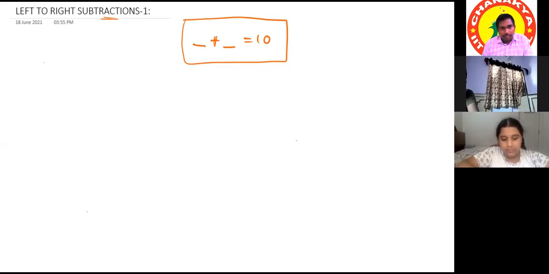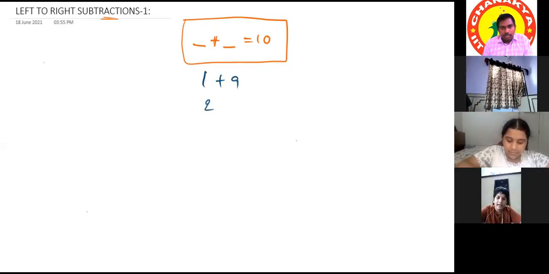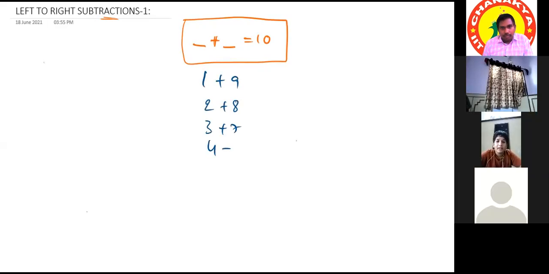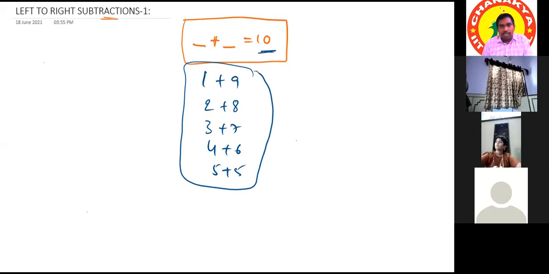Five combinations are there: 1 plus 9, 2 plus 8, 3 plus 7, 4 plus 6, and lastly 5 plus 5. These are the 5 combinations we have to form 10 with 2 numbers using the plus operation. Okay.